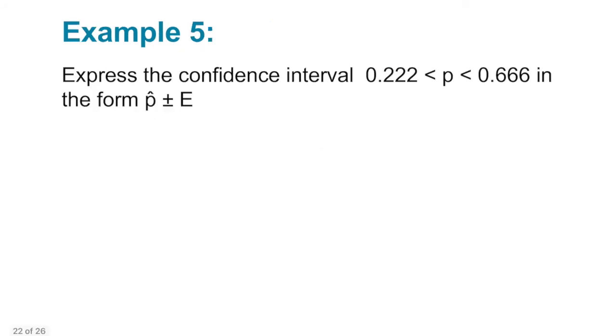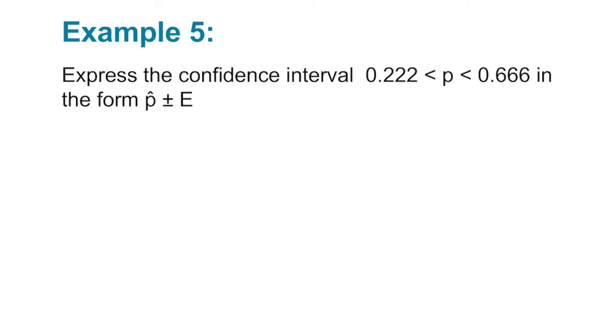Example 5. Express the confidence interval 0.222 < P < 0.666 in the form P hat plus or minus E. They are giving me the confidence interval. The lower limit is 0.222. The upper limit is 0.666.